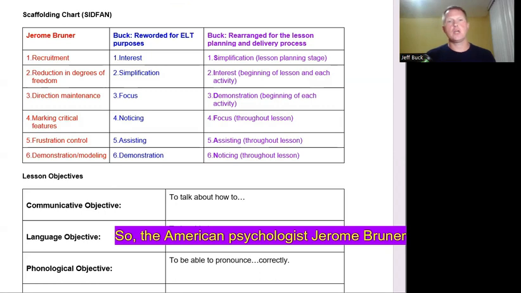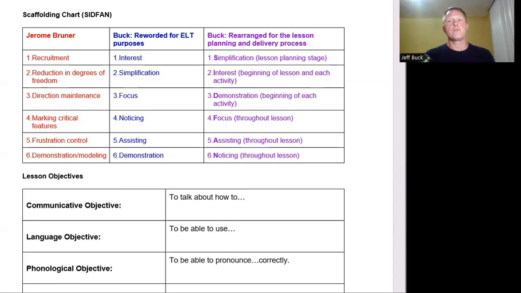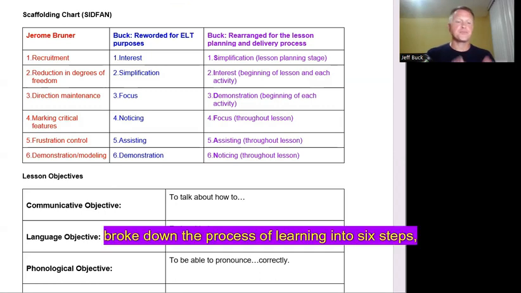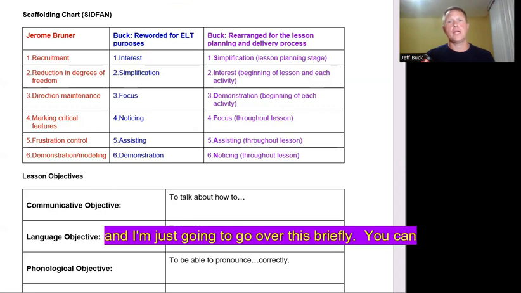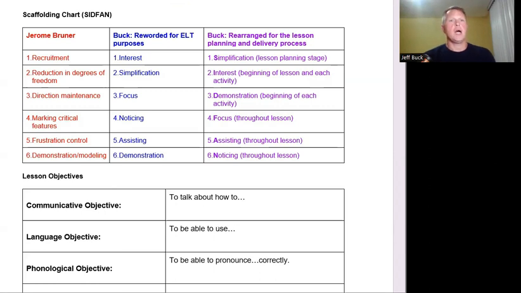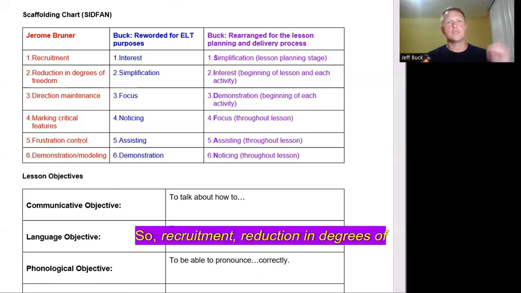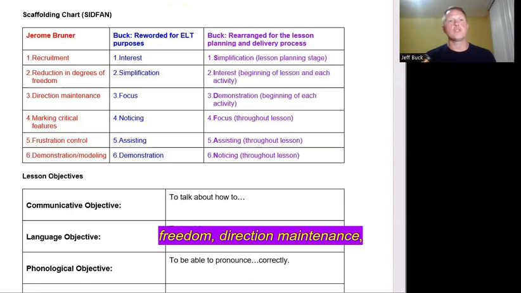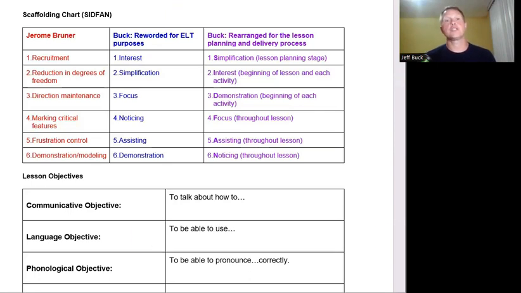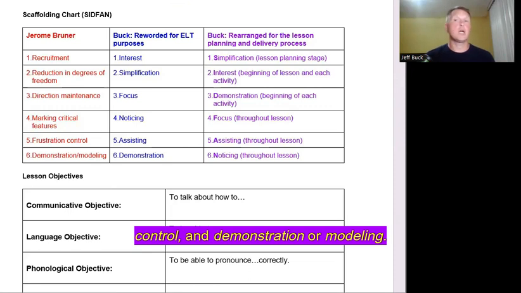The American psychologist Jerome Bruner broke down the process of learning into 6 steps. I'm just going to go over this briefly. You can check out my video on this for more information. So: recruitment, reduction in degrees of freedom, direction maintenance, marking critical features, frustration control, and demonstration or modeling.